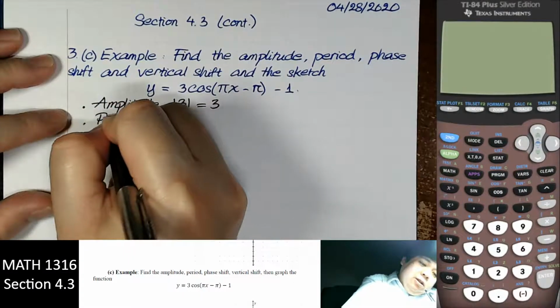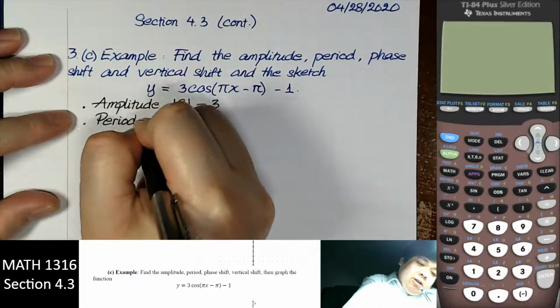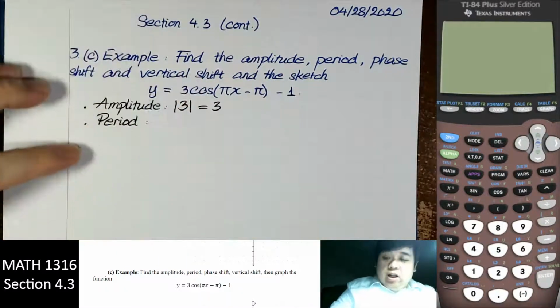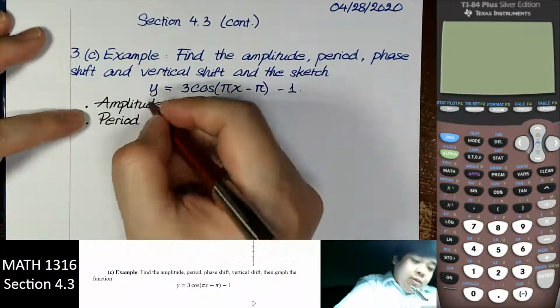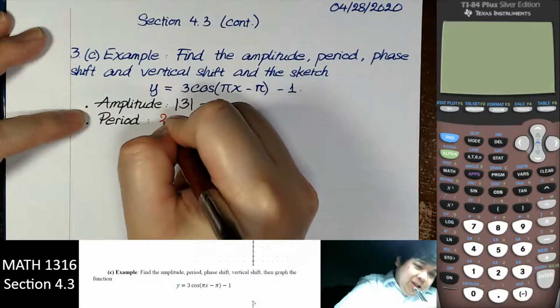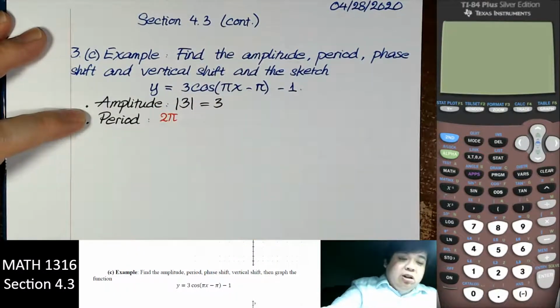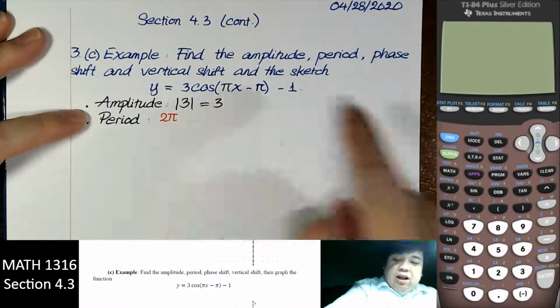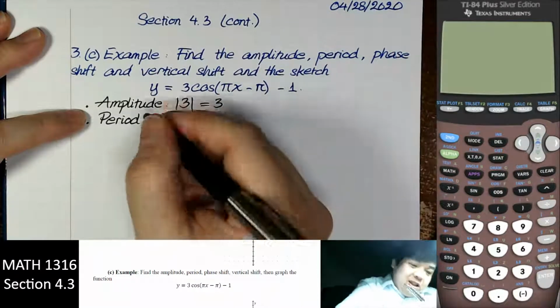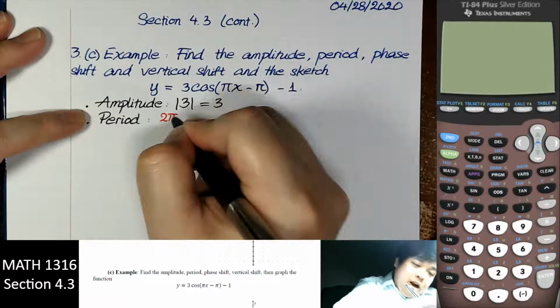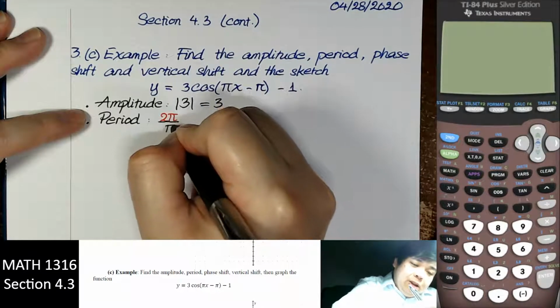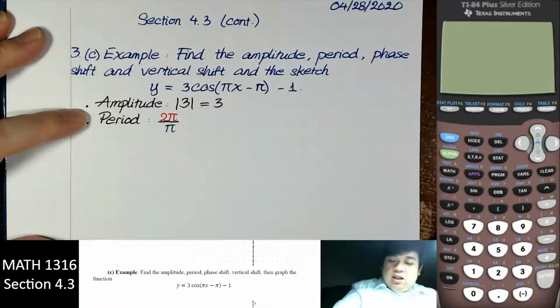Period. For sine, cosine typically is 2 pi. However, we have the coefficient of x, so we're going to divide by that. Divide by pi. Whatever the coefficient of x.